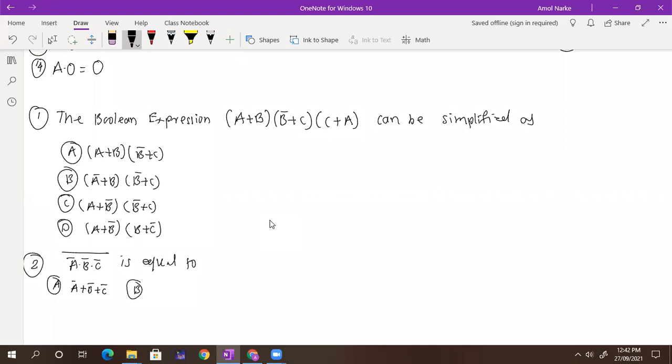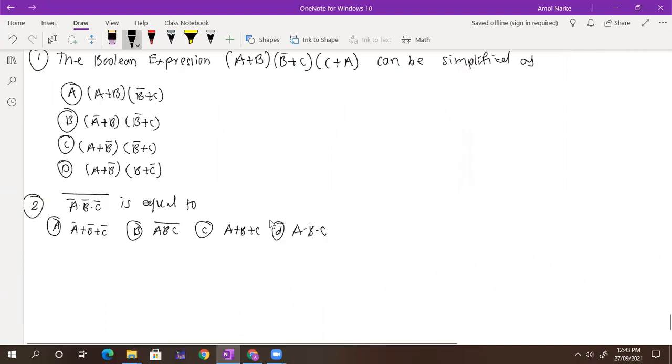Option 3. Option 4: A dot B dot C. Tell me. I think it will be A dot B dot C. Any other person who wants to say something? Someone is saying A dot B dot C. So option D. Everyone is saying option D.